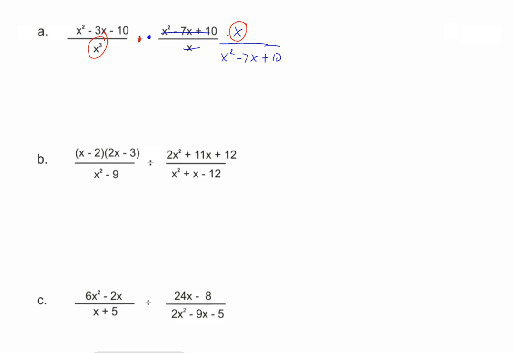So right away, we can make this an x squared in the bottom. Do you agree? Because they're monomials. They're one term. Remember, you can reduce a one term with a one term. Okay, go ahead and finish factoring everything, and then reduce. Go ahead and factor and reduce. And again, we're going to leave it in factored form when we're all done.